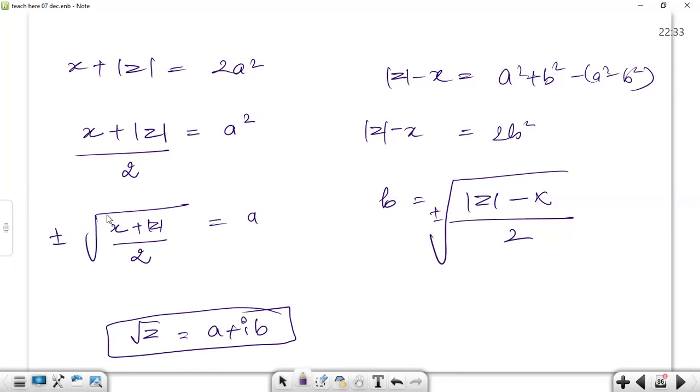Let me rewrite this properly so that we'll be able to memorize them better. Let's write modulus of z plus x, that's the same. So we have two values of a and two values of b.